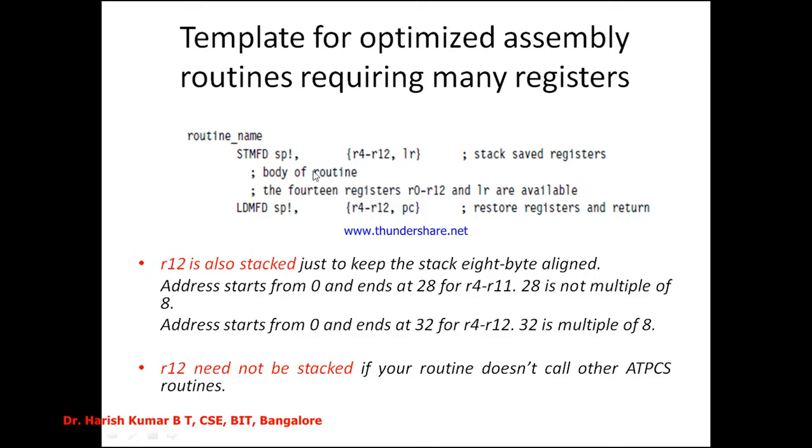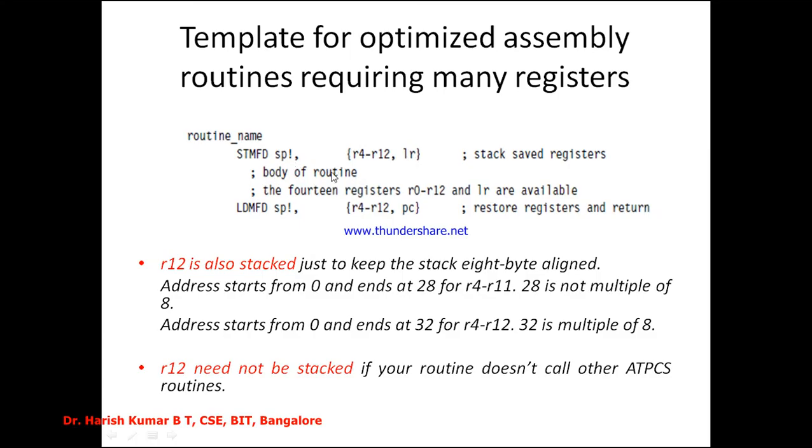What you can do is this. Say there is a need for me to use all the registers from R4 to R12. Here I am saving R4 to R12, including the link register, to the stack. STMFD is store multiple full descending stack. I'm storing the content of registers R4 to R12, including the LR register.